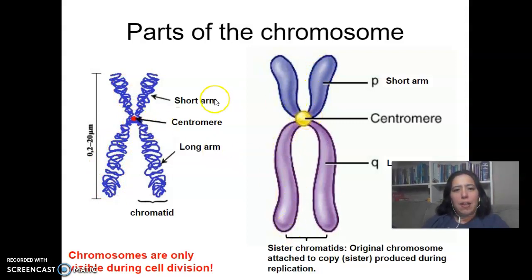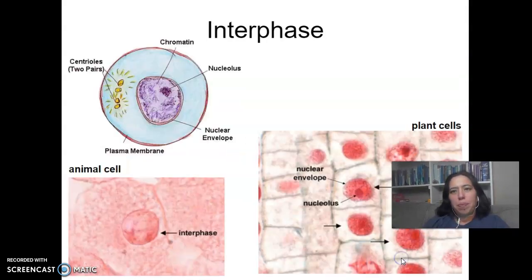And these little X-like structures that are simplified in a drawing like this are known as sister chromatids. So each of these is a sister chromatid, and they're attached by that centromere. The original chromosome attached to the copy, aka the sister, is produced during replication.